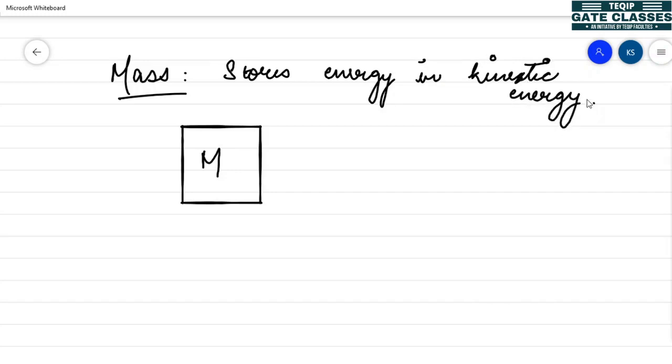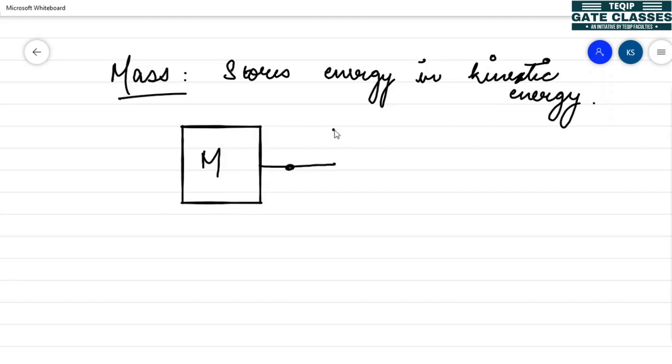Because we require three elements, two elements to store energy and one element to dissipate energy. So mass is the element in mechanical system which stores energy in kinetic energy form.